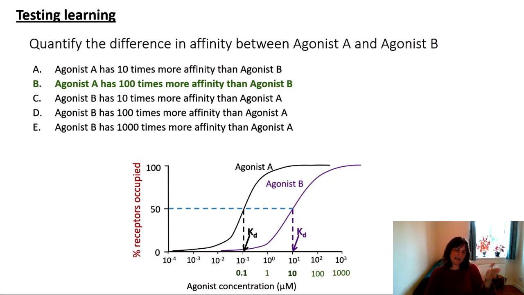So agonist A has a higher affinity than agonist B, and we can quantify the difference by looking at the x-axis. There's a 10-fold difference between 0.1 and 1, and then another 10-fold difference between 1 and 10. So it's 10 times 10, a 100-fold difference between these two agonists.